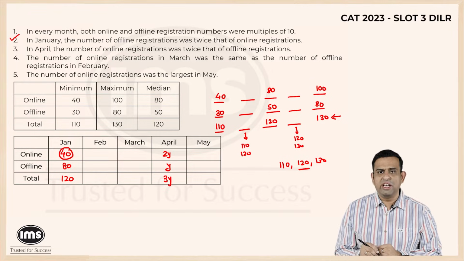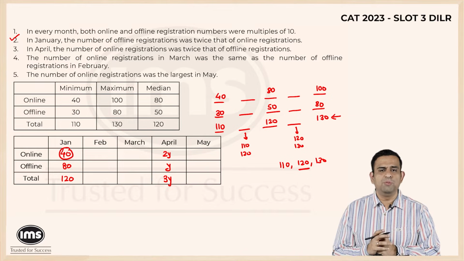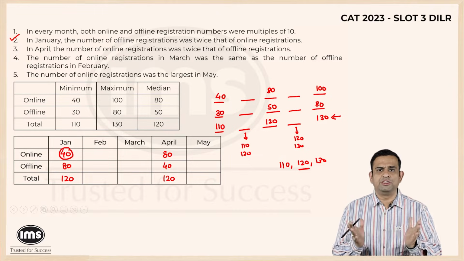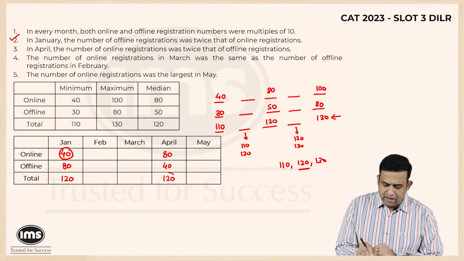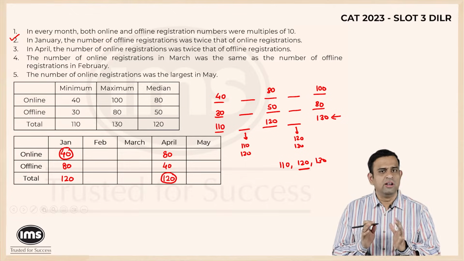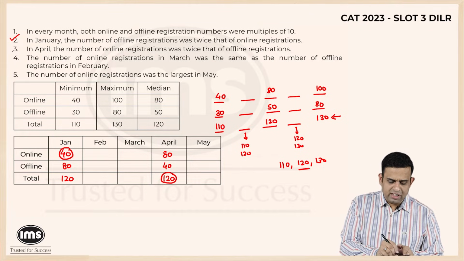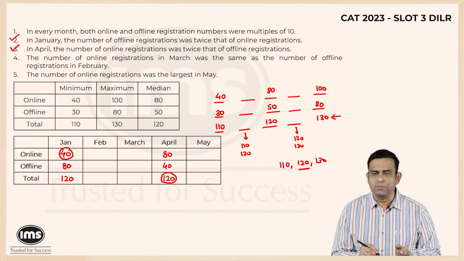And that is again a multiple of 3, and the only possibility would be the number 120. So Y becomes 40. So this becomes 80, 40 and 120. And one of the questions was the total number of registrations in the month of April, and that answer becomes equal to 120. So we are able to answer 2 questions only by completing point number 2 and point number 3.